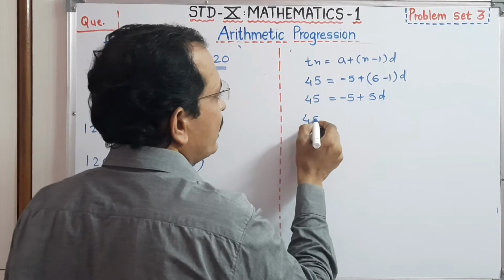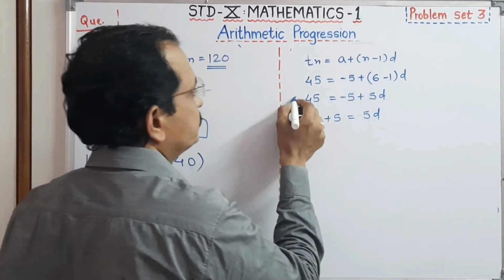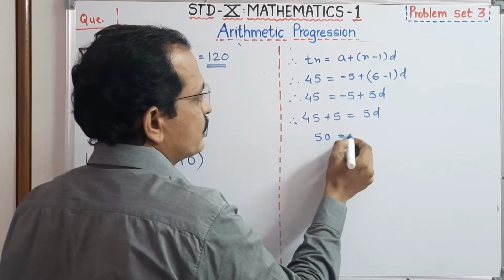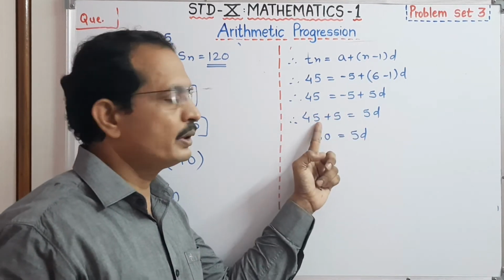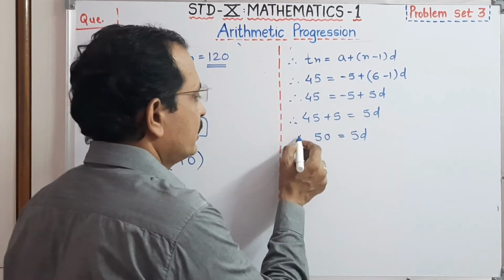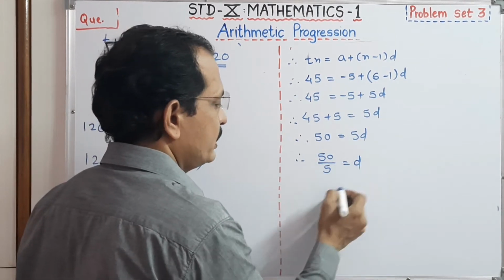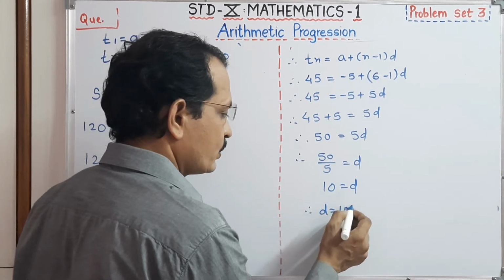Now 45 plus 5 is equal to 5d. It is 50 is equal to 5d. I think everyone got this. Therefore 50 upon 5 is equal to d. Therefore 10 is equal to d. Therefore d is equal to 10.